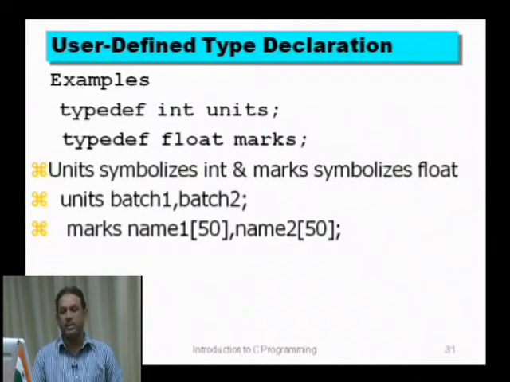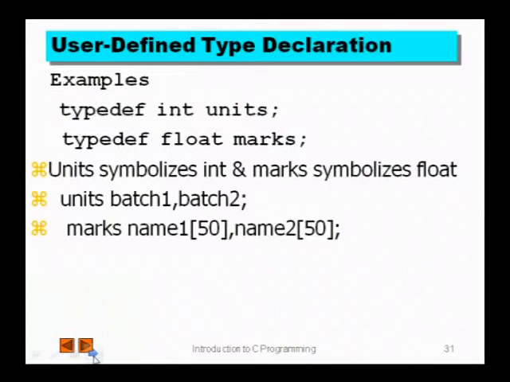So here units is a user defined data type, and units symbolizes integer and marks symbolizes float. Instead of having integer in our program, we can use units batch 1 and batch 2, where batch 1 and batch 2 are of integer type.